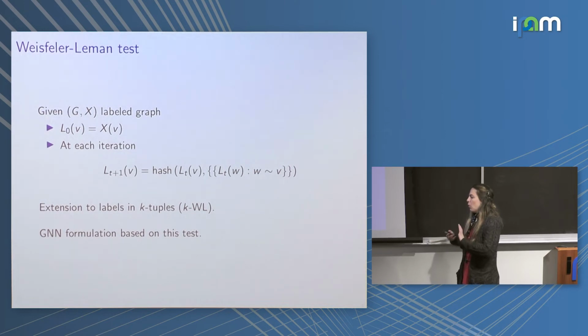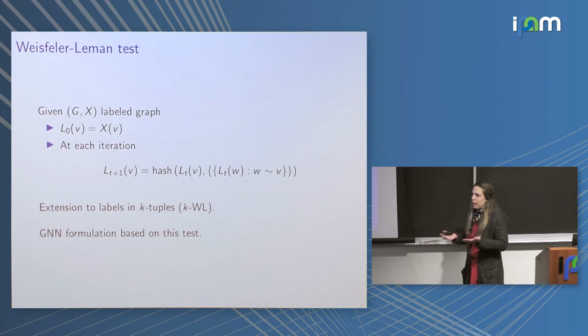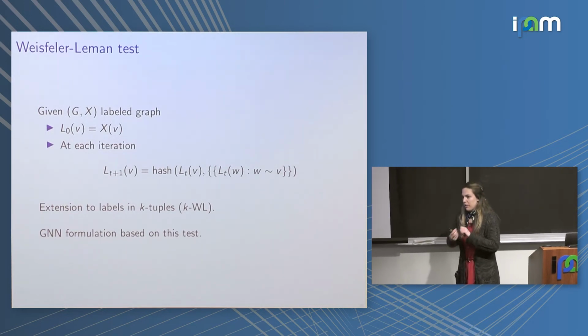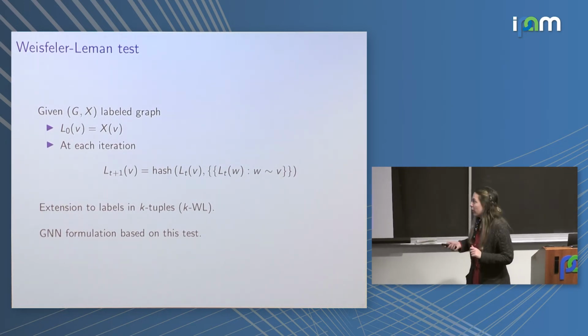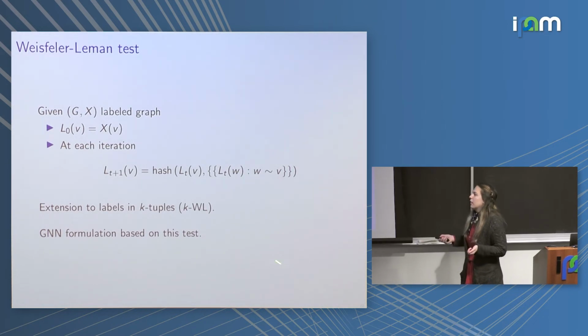If you don't want nodes to have different status, then your original label needs to be constant. If you're looking at just the graph isomorphism problem, then your initialization needs all the labels to be constant.